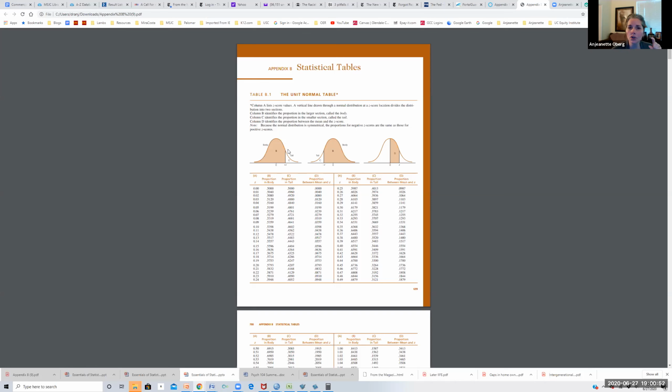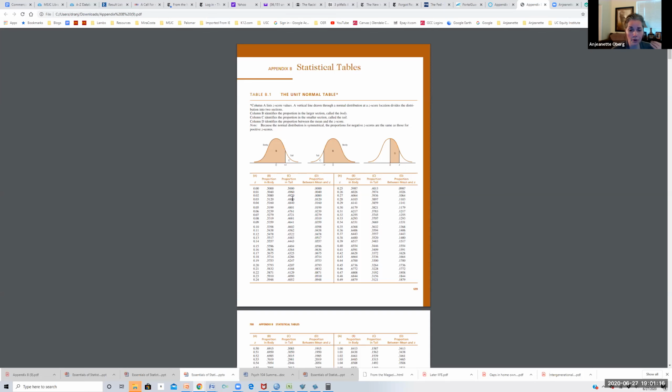And I want to introduce you to a concept called the body and the tail. The body is the larger portion and the tail is the smaller portion. When I'm looking at a z-score of 0, that's right in the middle, so it's hard to say which side is the body and which is the tail.